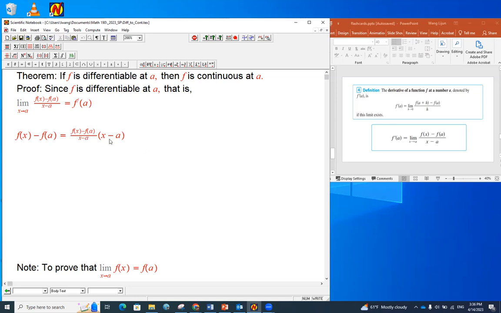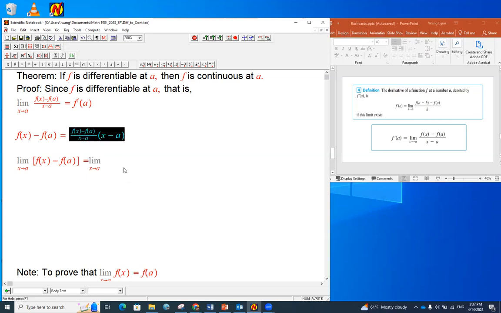And then we're going to take the limit on both sides. So we take the limit on the left-hand side, and we take the limit on the right-hand side. And on the right-hand side, of course, we have two pieces.